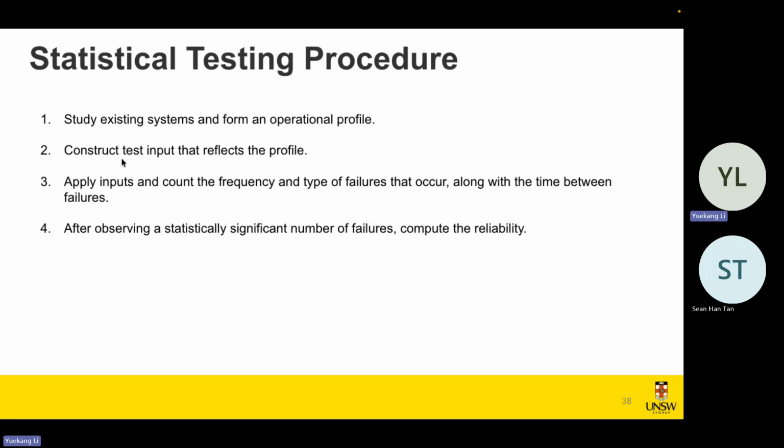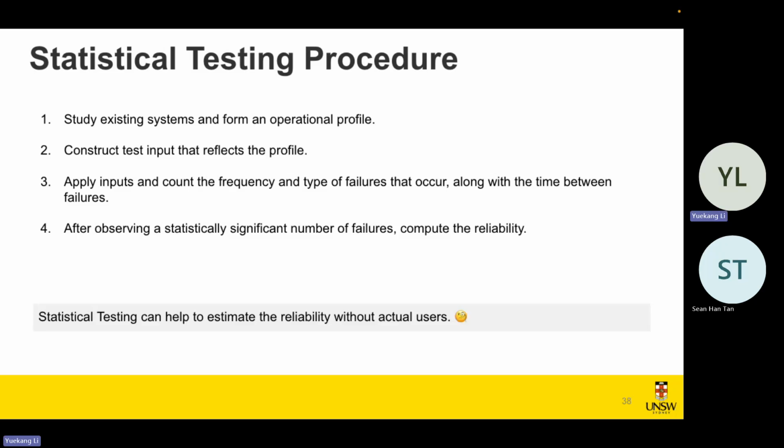Now that we have the test cases, we apply them and calculate the measurements, right? If we observe some failures, and the failing level is below what we expect, then we can calculate the reliability.